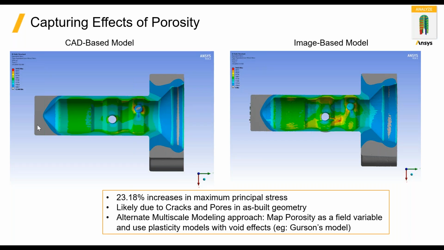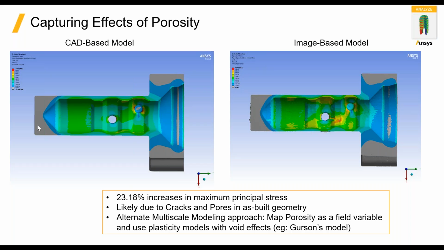Great, thanks, Tom. Sunil, is that something you want to add to that? Yeah, just a comment about this approach: in this particular analysis, we meshed the minor defects, and those minor defects could raise the stress concentration, and that's what you're seeing. The other way the pores come into play is that the effective material properties of the material are changed, and there are material models that account for this relationship between the voids and the material properties.